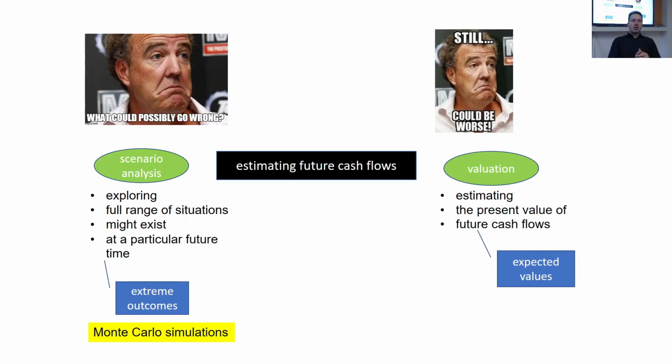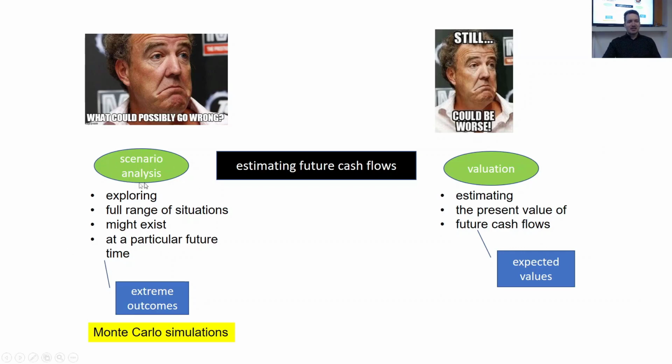In the case of the book, it will be normal distribution. And also, I would like to show you how we can deal with stable distributions to introduce also fat tailedness. So practically with the two facial expressions: what can possibly go wrong and could be worse scenarios.